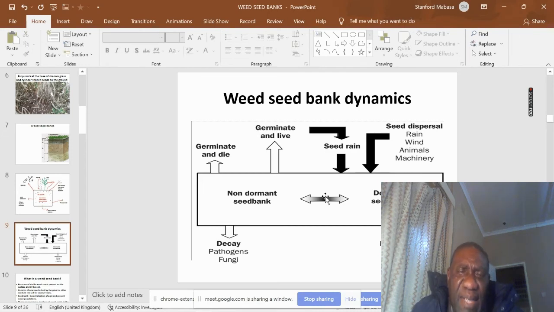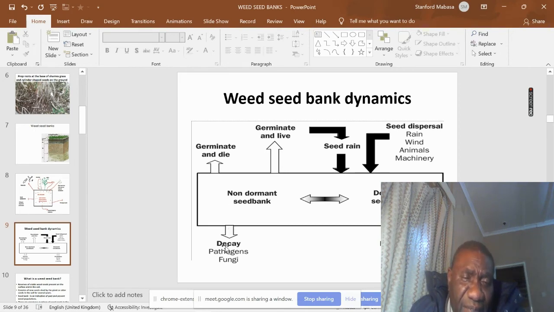Again, we can look at the weed seed losses. These big white arrows are showing withdrawal. We can have predation by birds, mice, and insects.